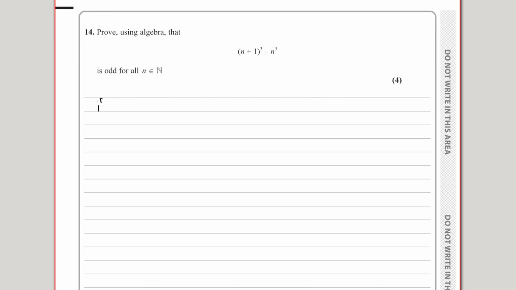So if n is even, we can say that n is a multiple of 2, so 2m. So if n is even, we have (2m+1)³ − (2m)³, and we're going to have to do the expansions here.